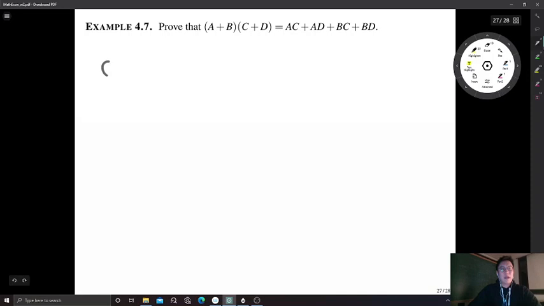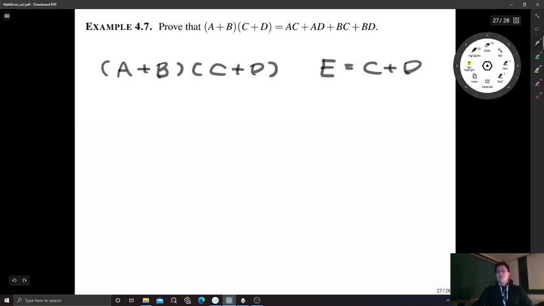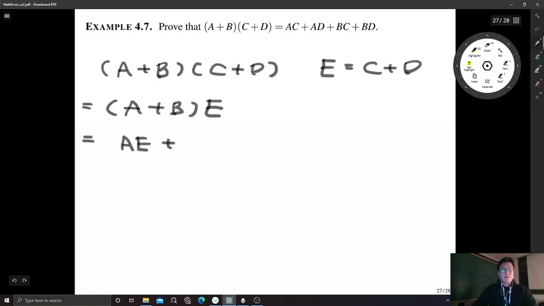We have A plus B times C plus D. Let me define matrix E as C plus D. Then this is A plus B times E, and using the distributive law, I can distribute E to have A times E plus B times E.